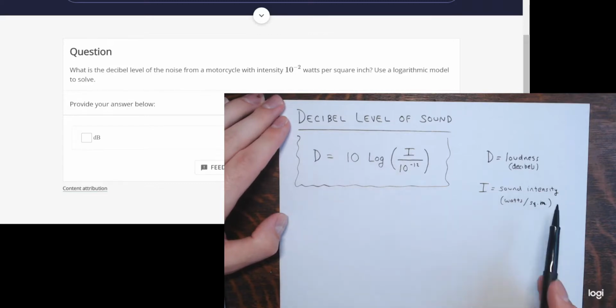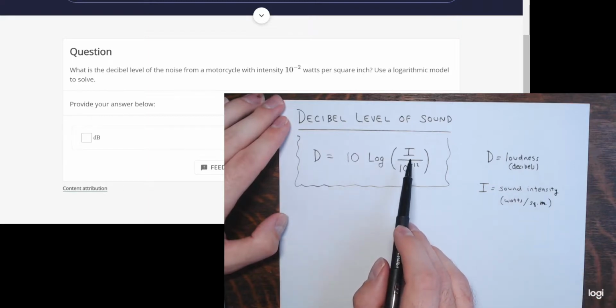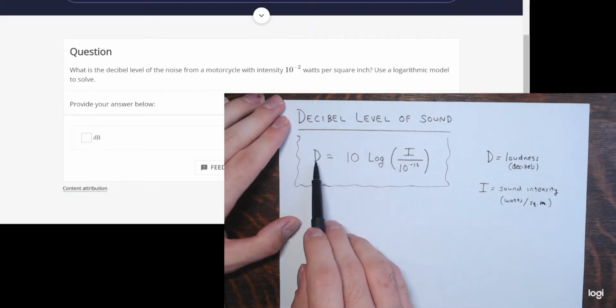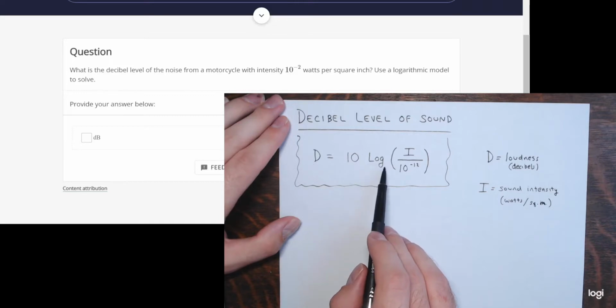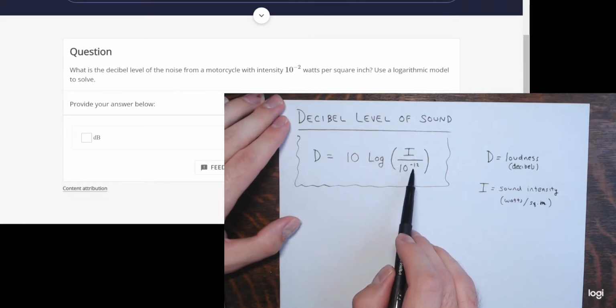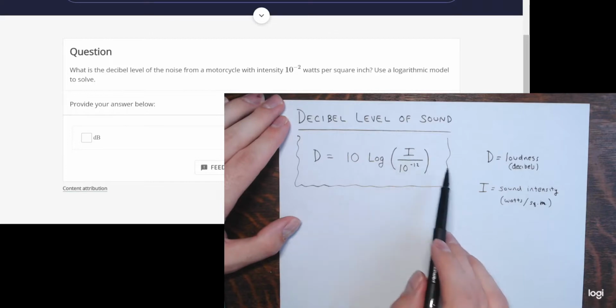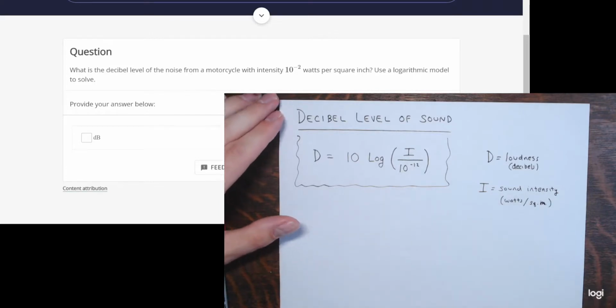I'll just say inch here because the problem is watts per square inch. We have D equals 10 times the logarithm, base 10, right? Remember, there's no base here. This is that common logarithm of I divided by 10 to the negative 12th power, where I is the sound intensity in watts per square inch, or watts per square unit.